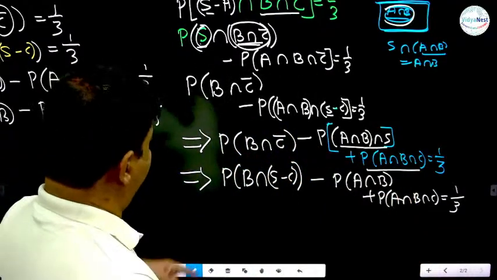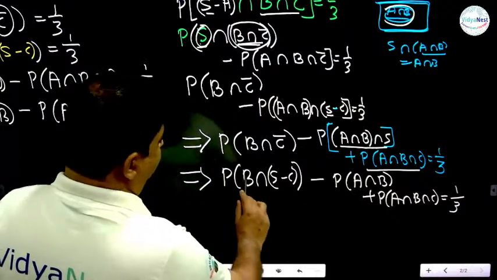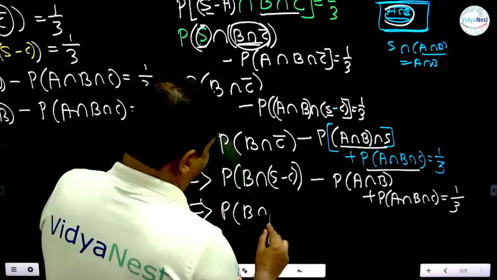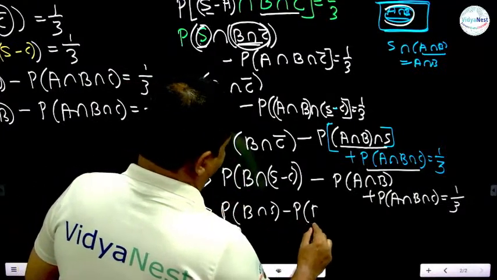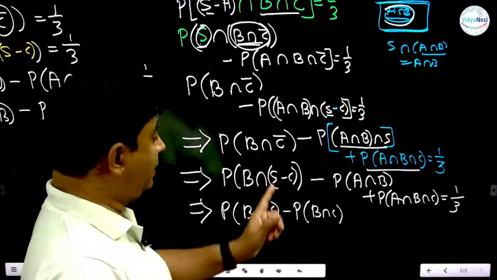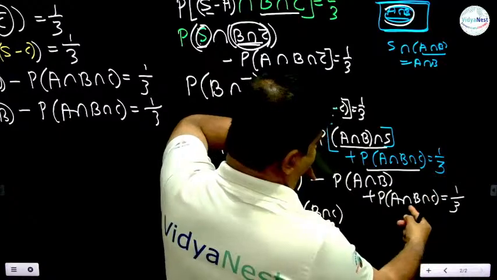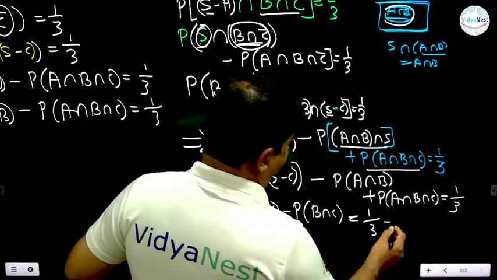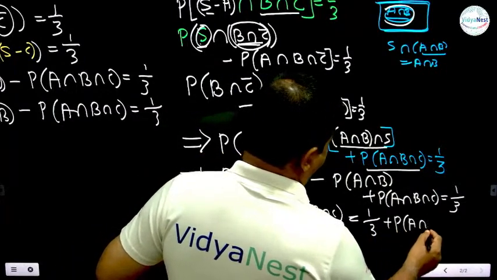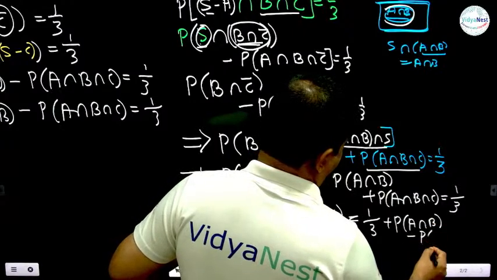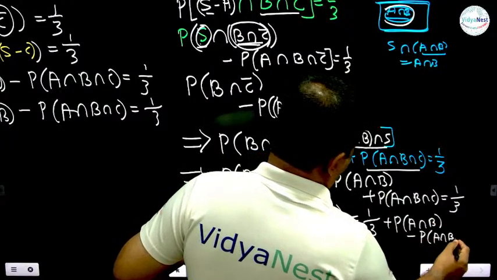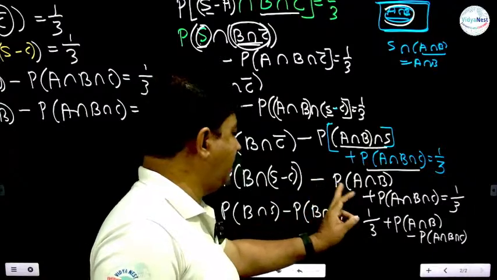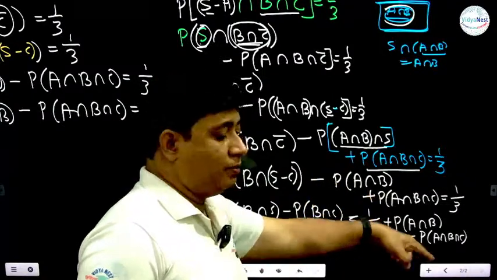Now, B intersection S, I can split this part into two results. B intersection S minus B intersection C, and this part which is kept in the left hand side, I took to the right hand side: 1/3 plus. Okay, see, what was on the left hand side went to the right hand side, so the plus became minus. Okay.